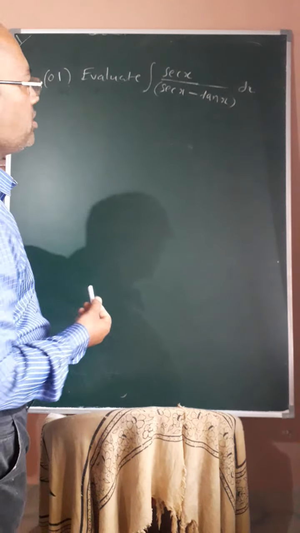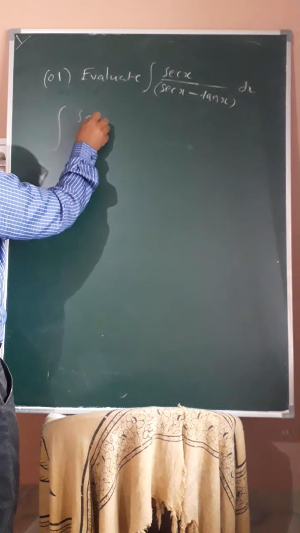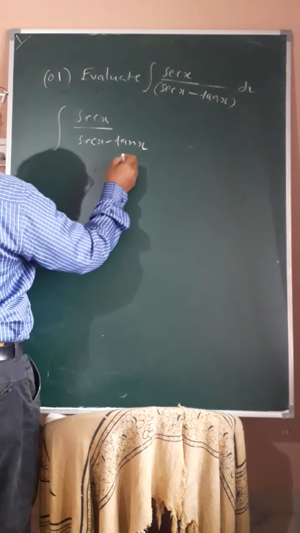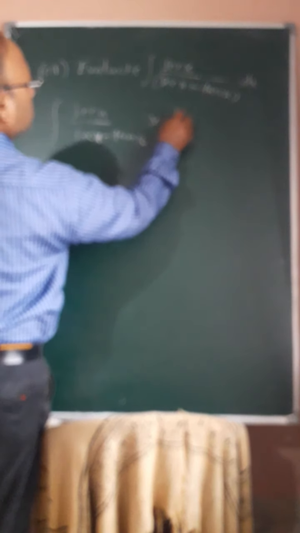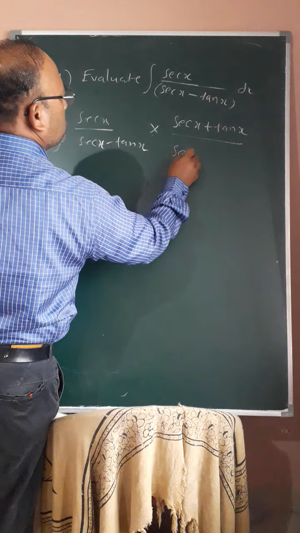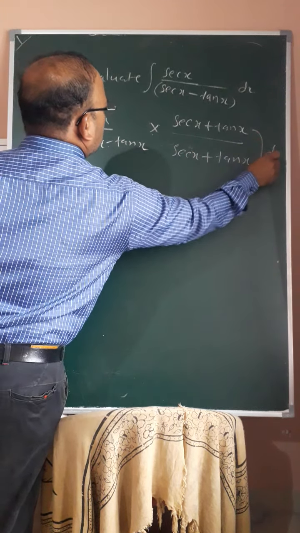That is, integration of secant x divided by secant x minus tan x, into the conjugate of this, which is secant x plus tan x, divided by secant x plus tan x, into dx.